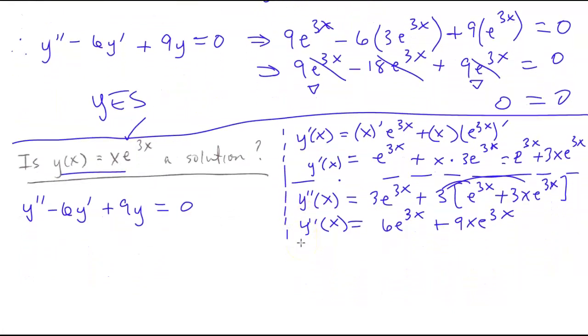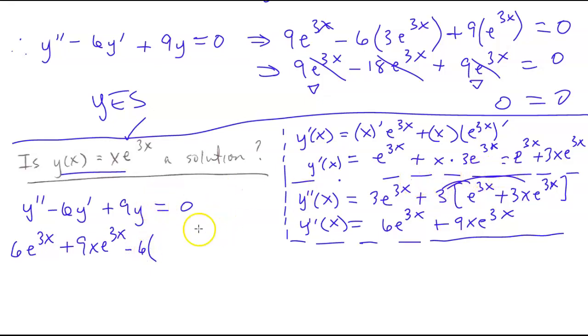So now that we know what the first and second derivatives are, we can go in and substitute them into our equation and see if it's going to satisfy. For the second derivative, we know that it's going to be 6e raised to the 3x plus 9x e raised to the 3x. Next will be minus 6 times the first derivative, which is e raised to the 3x plus 3x e raised to the 3x.